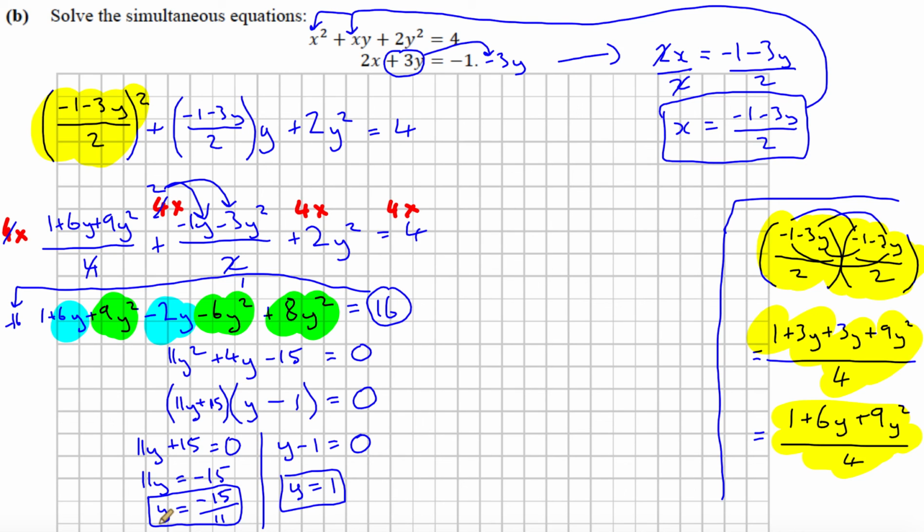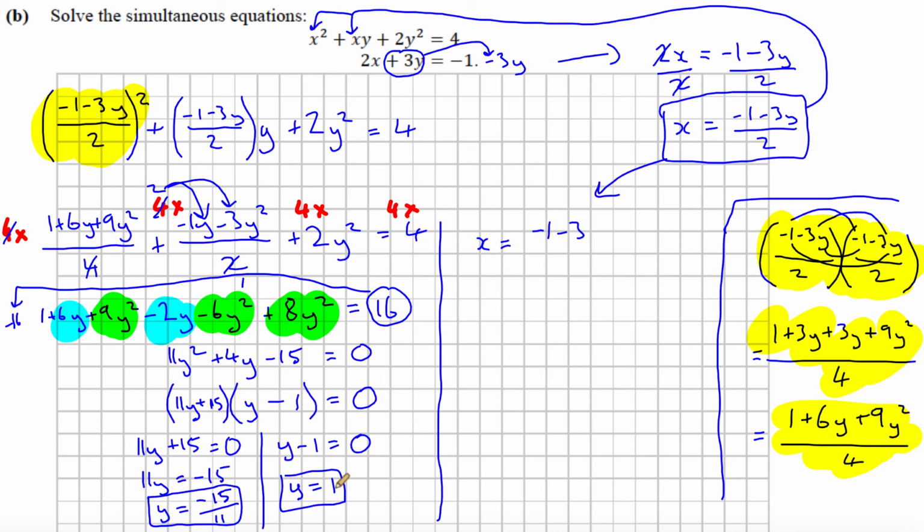Okay, so now that I have my values for y, I'm just going to substitute them into, well, it's easier to, I could substitute it in up here, but I'm actually just going to substitute it in here now. So if I take this down here, that gives me x is equal to minus 1 minus 3.